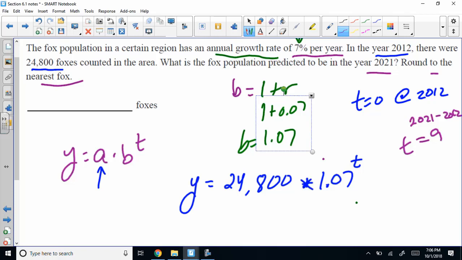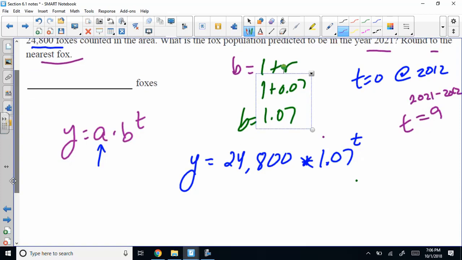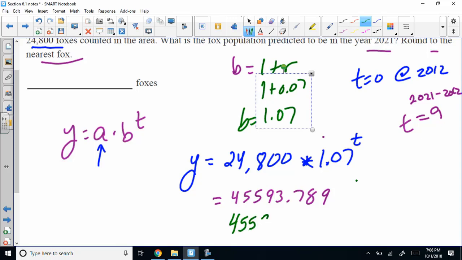Evaluate that. I got this. Well, it said round to the nearest fox, right? So that would have been what? Right? Yes.